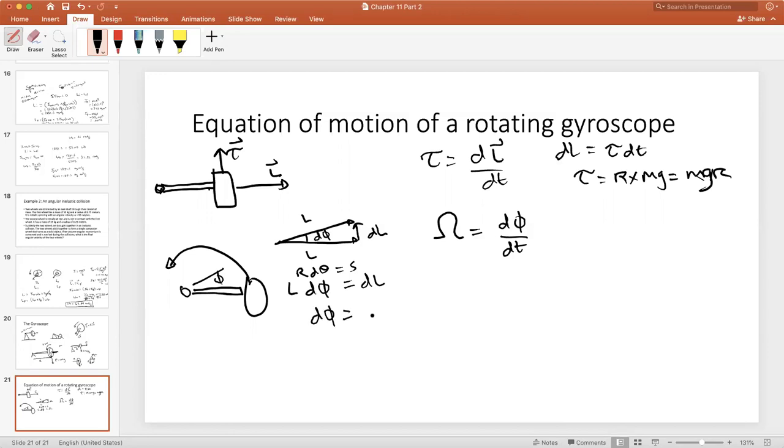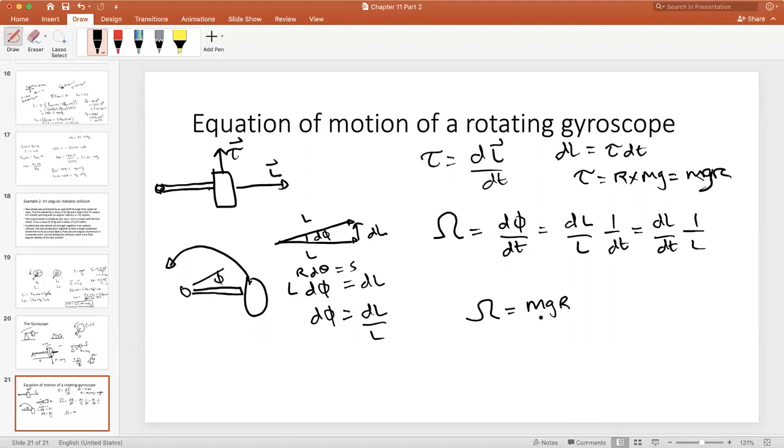So d phi is dL over L, and so d phi over dt is dL over dt times 1 over L. The dL dt here we know is the torque. So big omega is mgr over L.